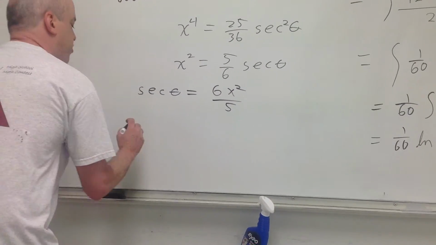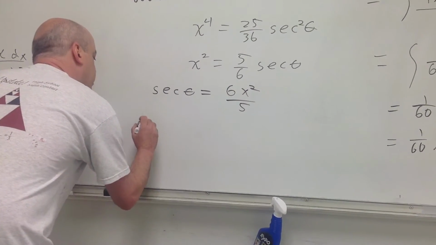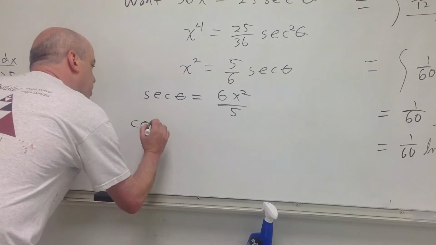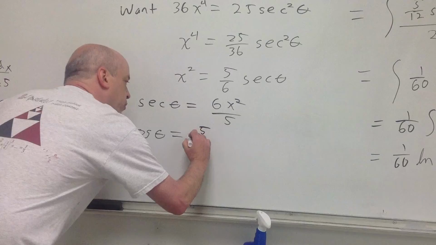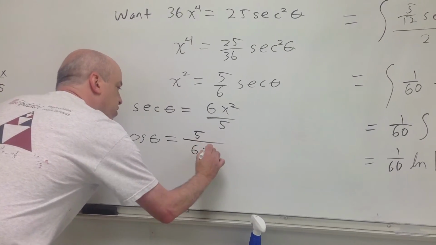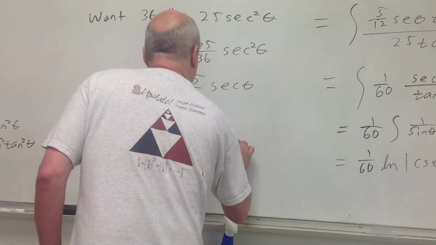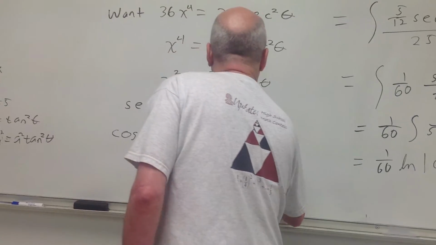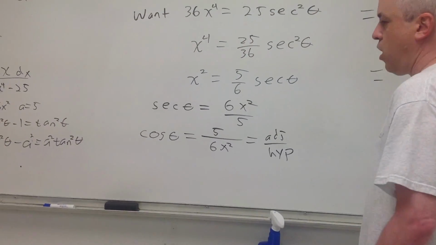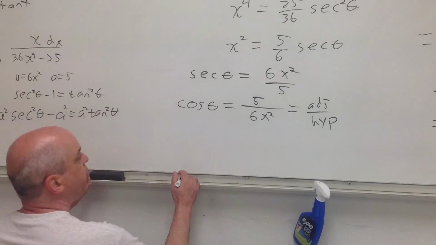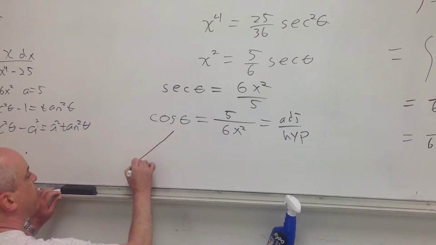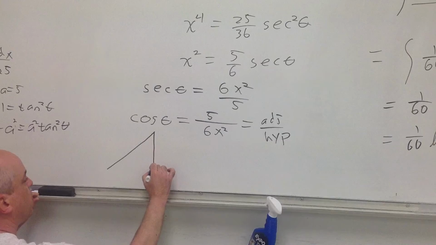Now, if you don't remember the ratio for secant, that's okay, because cosine, sine, and tangent, those are the ones you probably know. Let's go ahead and rewrite it in terms of cosine. It's the reciprocal, 5 over 6x squared. That's adjacent over hypotenuse. So now on our triangle, I'm going to make one where 5 is the adjacent side and 6x squared is the hypotenuse.